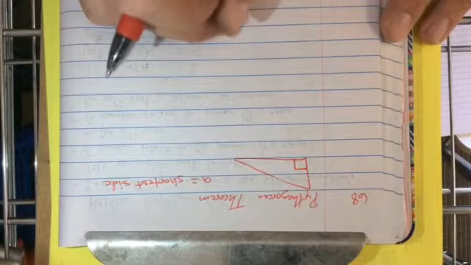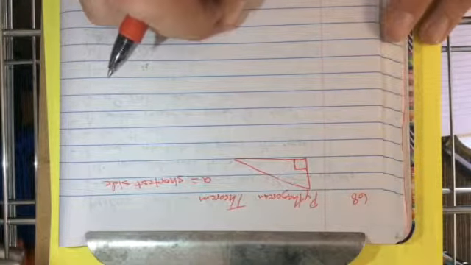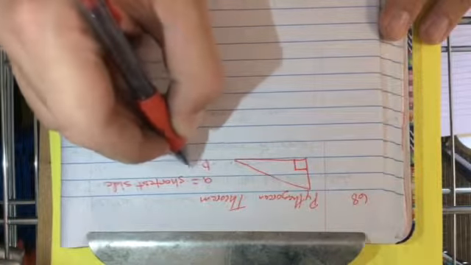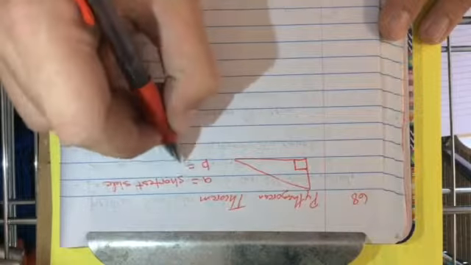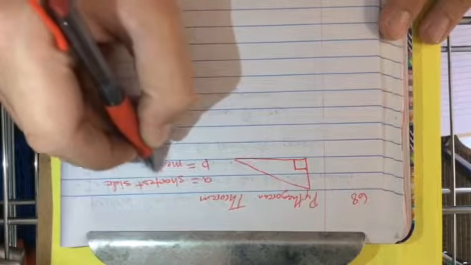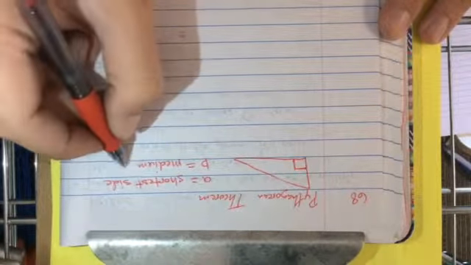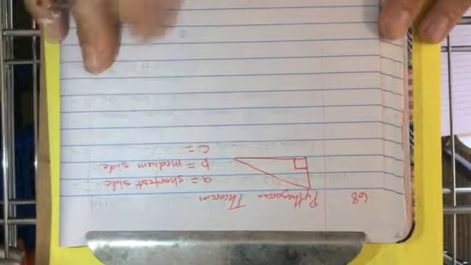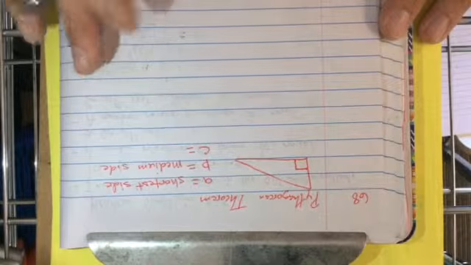B is going to be the medium side. So A is the shortest, B is the medium side, and C will be the longest side.